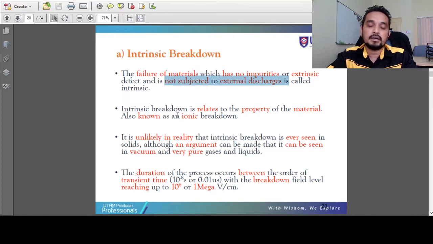That is what we classify as intrinsic breakdown. It is the failure of a pure material, without external factors that cause the failure. That is what we call intrinsic.